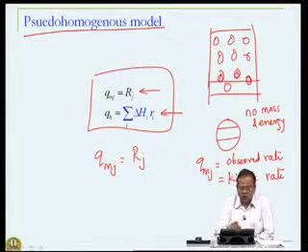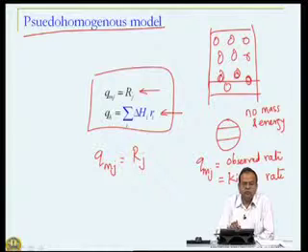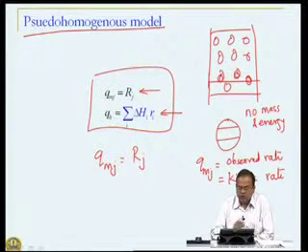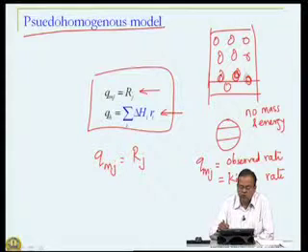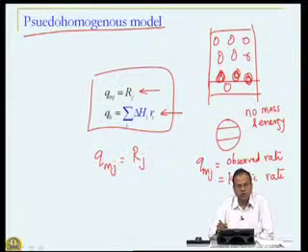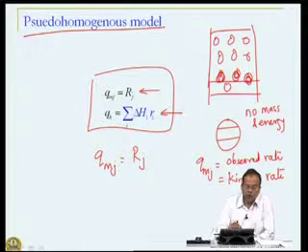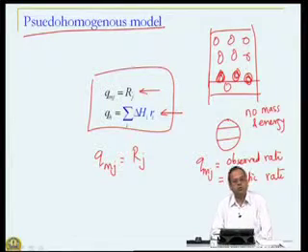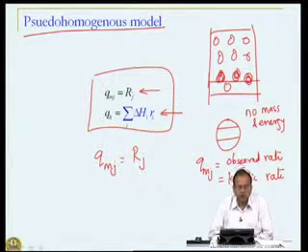Homogeneous because the kinetic terms are the same as the homogeneous model, but pseudo because this is not a truly homogeneous system. We know that there is a heterogeneous system, but our observation is that there are no mass and energy transport limitations, and therefore, we completely overlook this aspect and get a model which is pseudo-homogeneous.